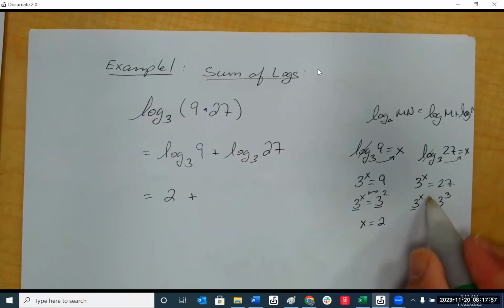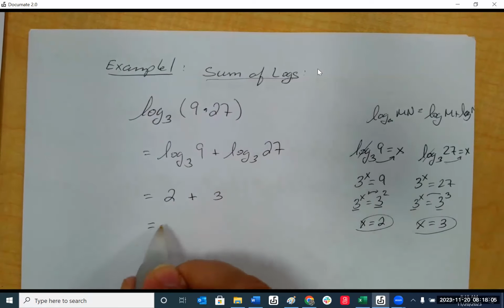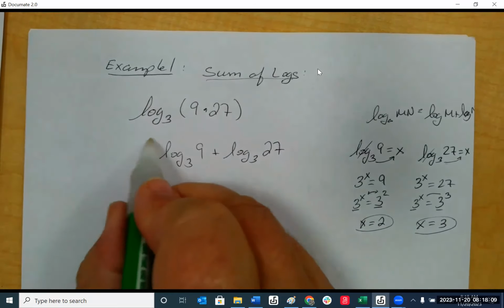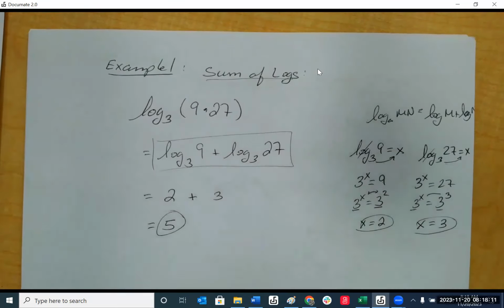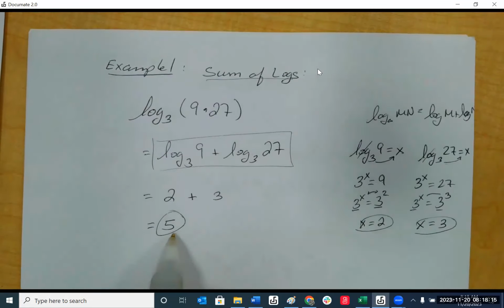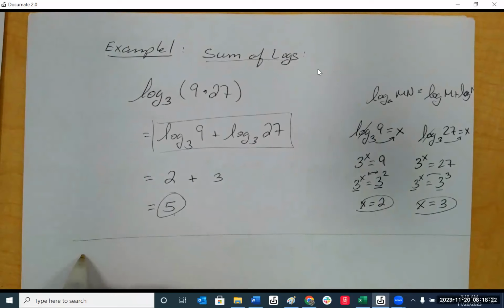Since we have the same bases, x equals 3. So in short, however, if it just wants the logarithmic equations, this is your answer. If it wants the final answer, that's your answer. In other words, if you can go further, always go further.